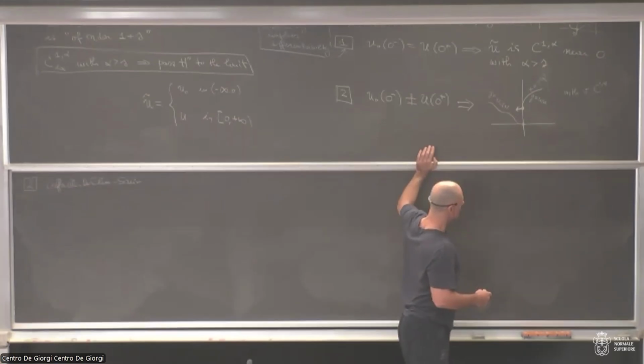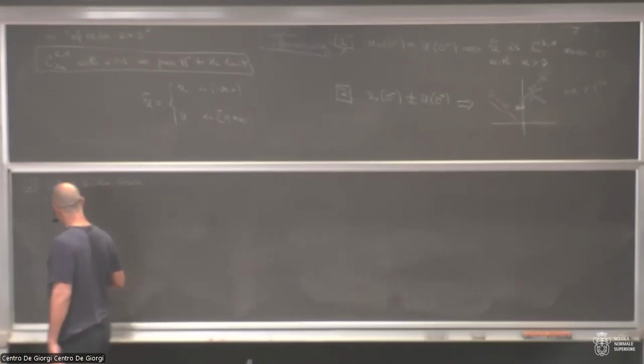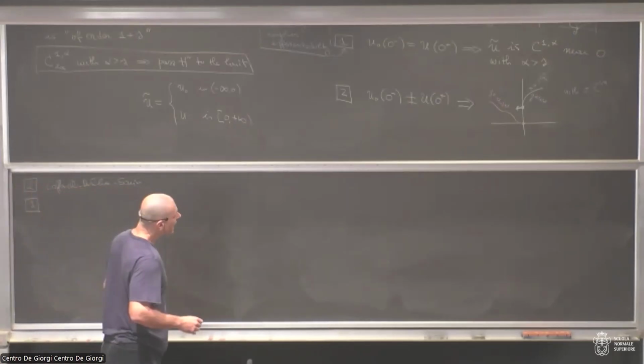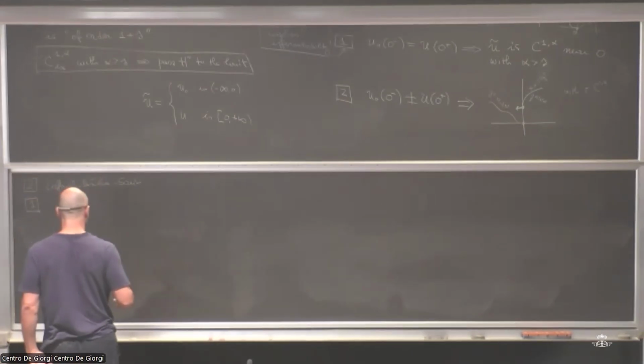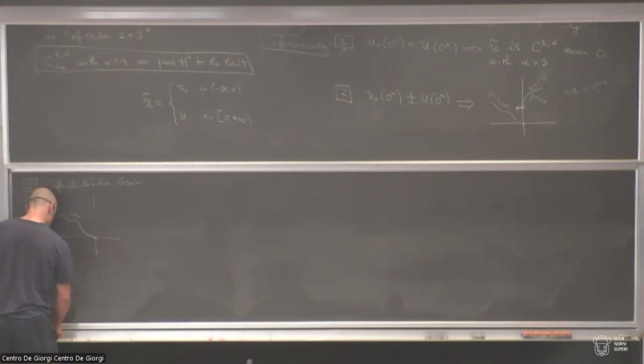Point one instead requires an ad hoc argument. So point one would be the case in which you have u0 from outside and some u from inside.